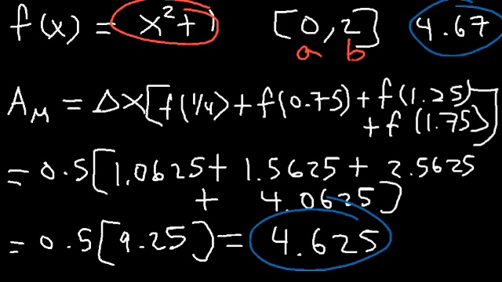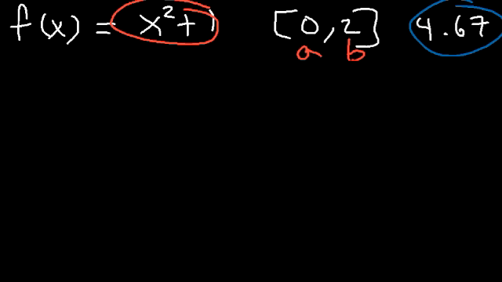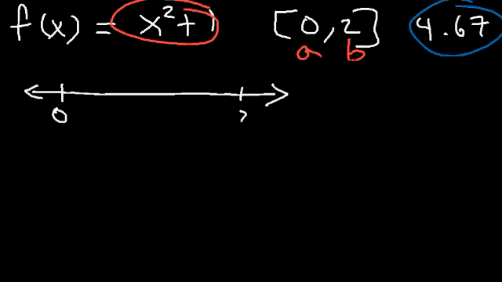Now let's calculate the area using the right endpoints. We know it's going to be an over approximation for an increasing function, but let's get the answer. So let's draw the number line first. So a is 0, b is 2, and n is 4. So we're going to have 5 points and 4 intervals.